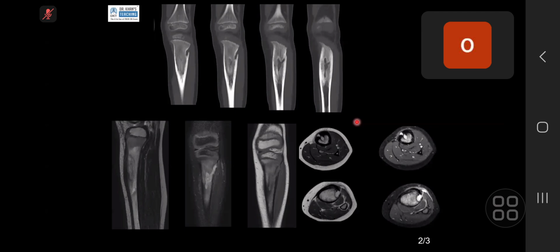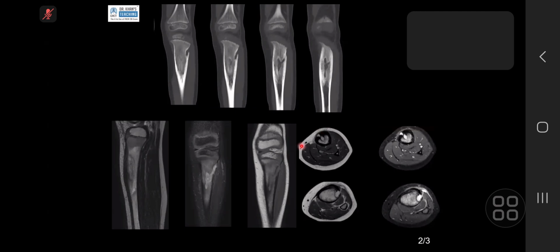On the MRI, I can see an ill-defined lesion with a hypointense signal on T1 weighted image and corresponding hyperintense signal on fluid sensitive sequences. These are both seen on the axial. There is also a sinus tract communicating to the surrounding phlegmon. So appearances are those, again, of chronic osteomyelitis.